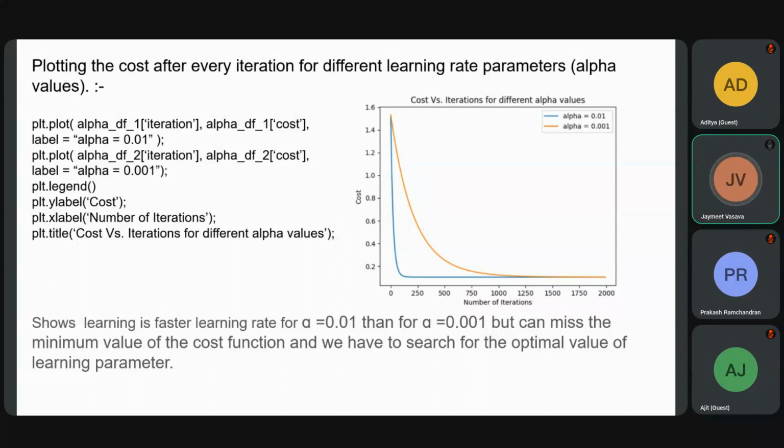So when we plot the different learning rates of 0.01 and 0.001, you can see the graph that we get.